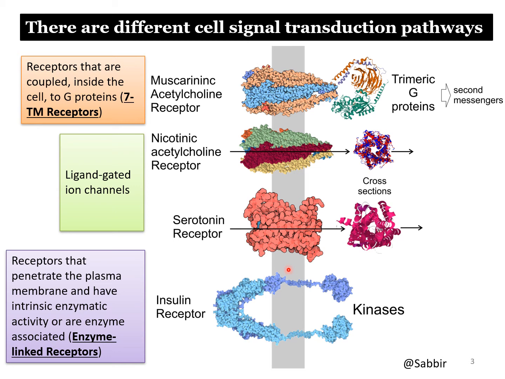There are 2 copies of the protein chains that come together on the outside of the cell to form a receptor site, and this receptor site binds to insulin, and this is connected through the membrane to tyrosine kinases, shown here at the bottom. When the insulin is not present, they are held in a constrained position, but when insulin binds, these constraints are released, and they first phosphorylate and activate each other, and then phosphorylate other proteins in the signaling network inside the cell. So they have kinase activity, which is different from the ligand-gated ion channels and the G protein coupled receptors that I discussed.